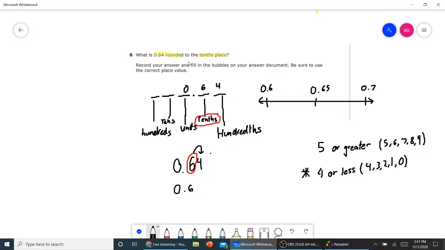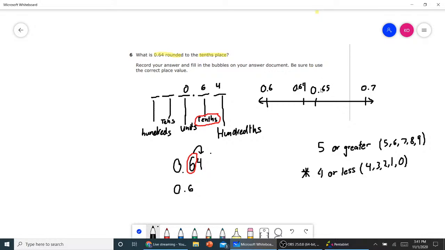Then you ask yourself first, is 0.64 greater than 0.65 or less than 0.65? And the answer is it's less than 0.65. Which means that this would be closer to 0.6 than it is to 0.7.